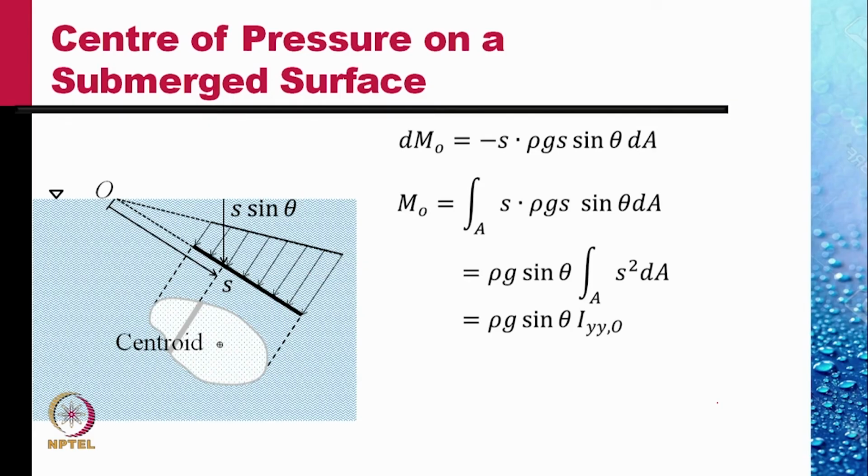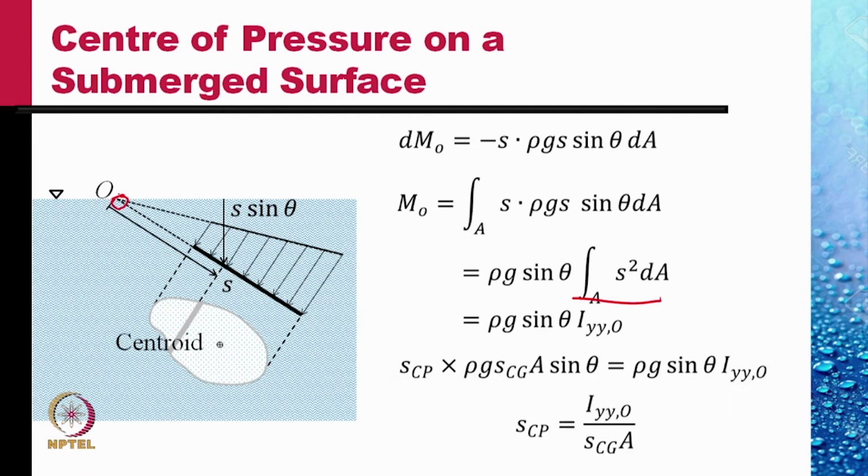The S square dA, this term, integral over A is nothing but this, the second moment of area about the axis perpendicular to the screen passing through O. So the moment now is rho g sine theta times the second moment of area IYY O.